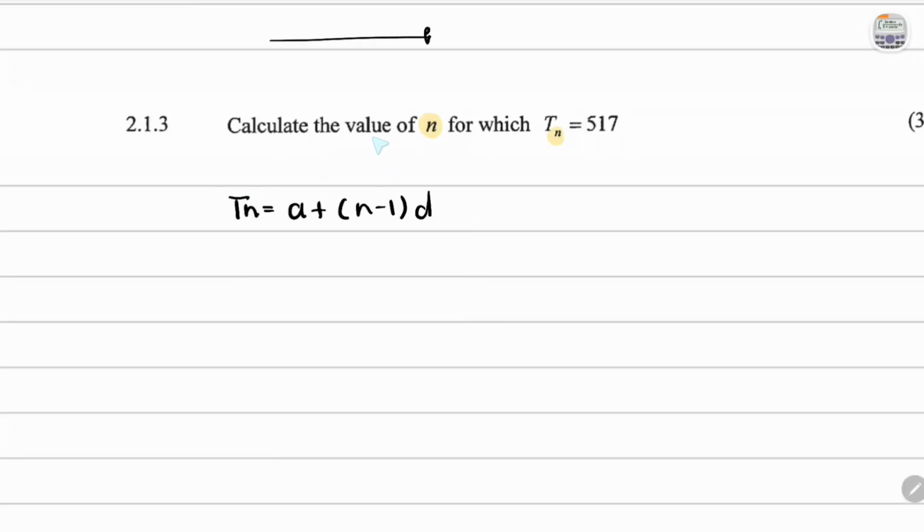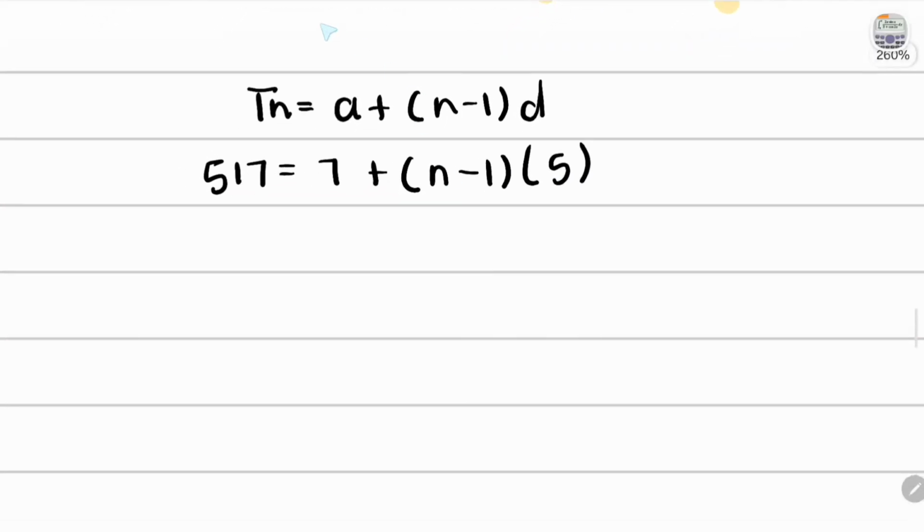Now you can see in this case, they gave us a term value, Tn. So in place of the term value Tn, we'll put 517 is equal to, and then this is still 7 plus n minus 1. We don't know what n is. We're trying to look for that. And then d is still 5. So we just have to solve for n to find the term number.